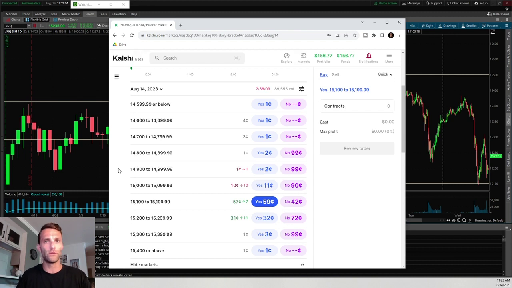We don't want to go too far out because we want to make sure that the probability is in our favor. But what we would want to do is, assuming there is going to be that bearish move, anticipating that negative reaction to that CPI report, we would want to trade the yes contracts to the downside. Because if that actually happens and the market does end up selling off and it breaks the lower end of that range, then there is the likely probability or a higher probability that it's going to close in these lower ranges on the day.